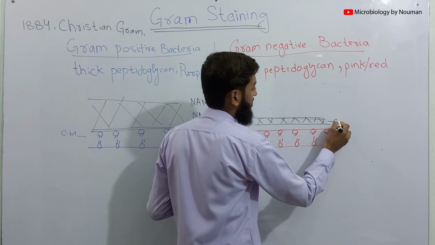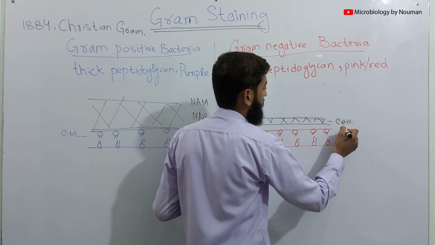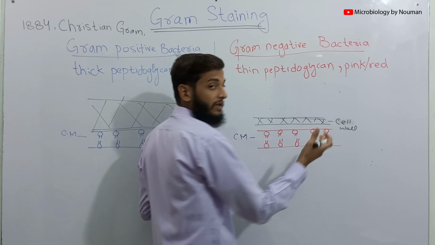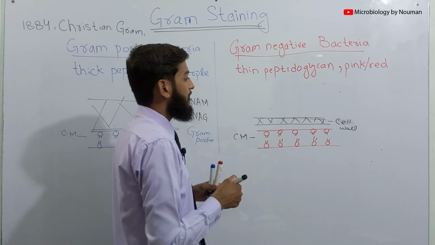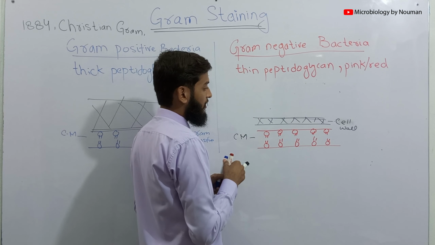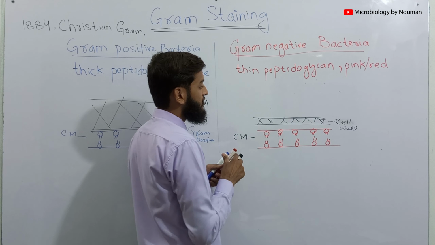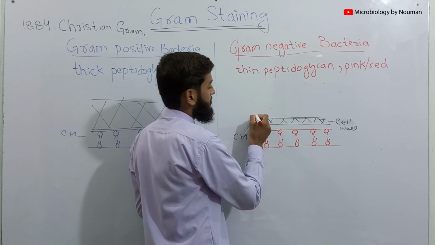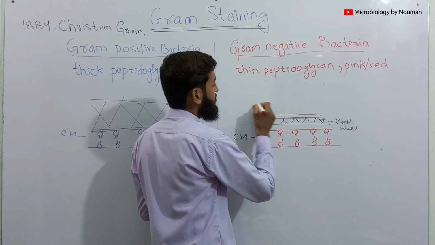This is cell wall, right? Which is made up of peptidoglycan. Outside this cell wall, another structure is present which is known as outer membrane.